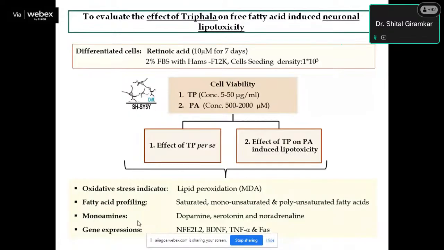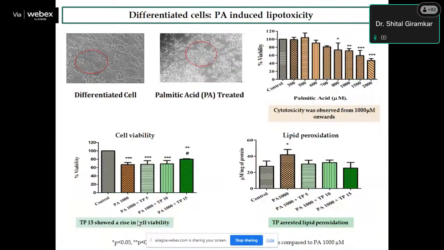Coming to the results, in case of differentiated cells, you can see the proper neuronal structures, where the proper neuronal axons and neurites are there. After treatment with palmitic acid, the neuronal morphology was lost.